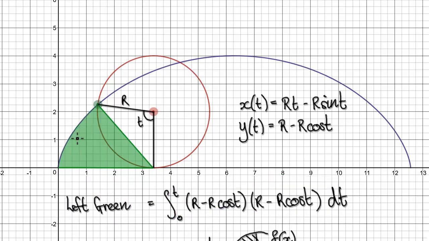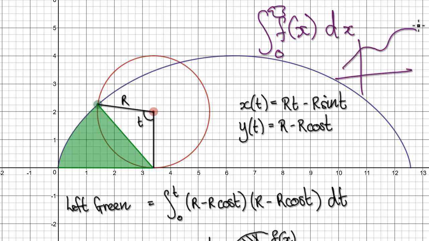Remember, if you're trying to work out the area underneath a parametric curve, in your mind think of it like this. Each step of the way you need to know the height. Well, the height is given by this.